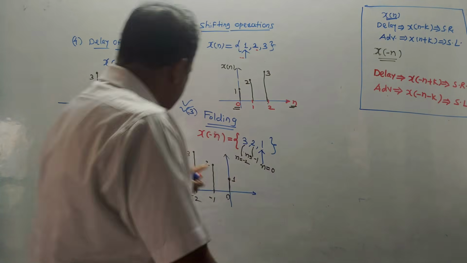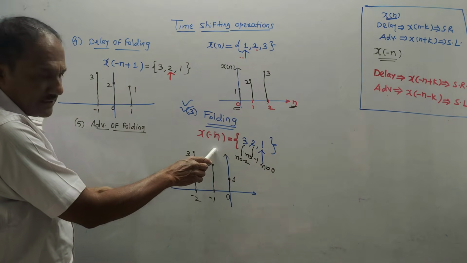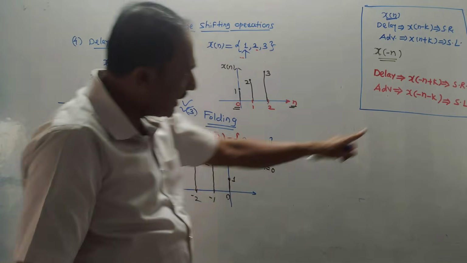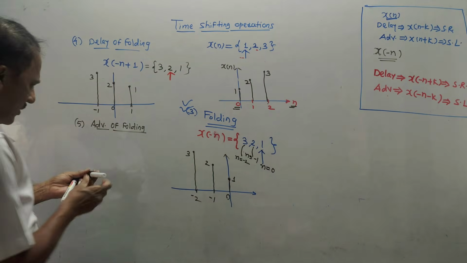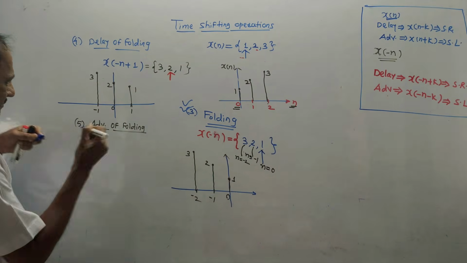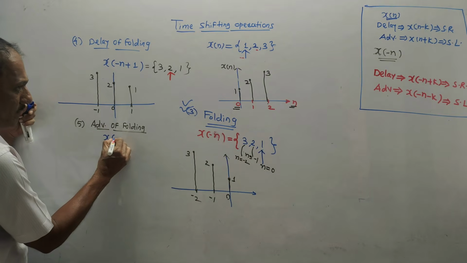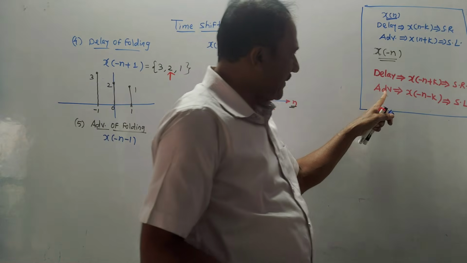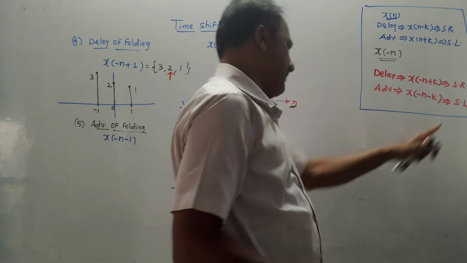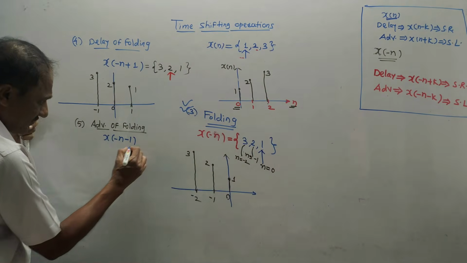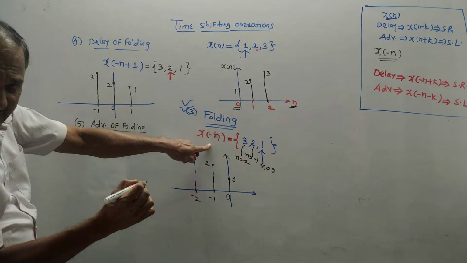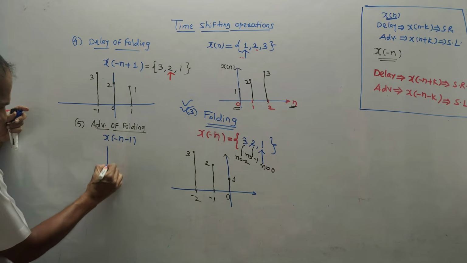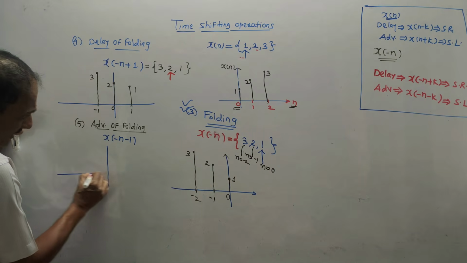I want to advance this folded sequence by one position, so the corresponding notation will be x of minus n minus 1. But stick to the basics. Advance means shift left. So I have to shift this folded diagram towards left by one position.